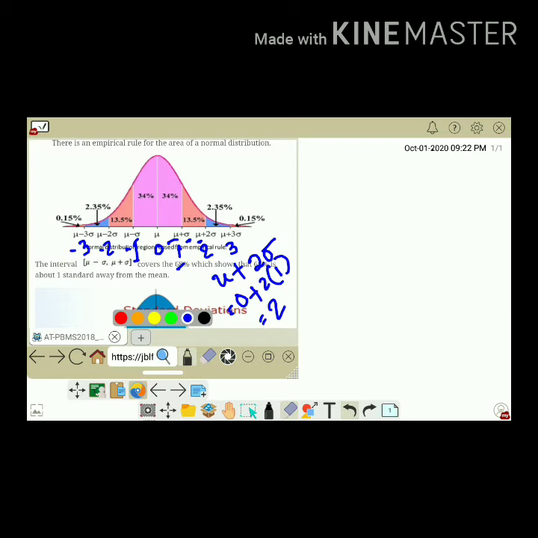And same goes with this one. 0 minus 1 for the standard deviation, that is mean minus standard deviation. So we have 0 minus 1. So that is -1. Same with 2, same process. Okay, so let's go back. We're not going to explore more on the minus. I know you already knew that.